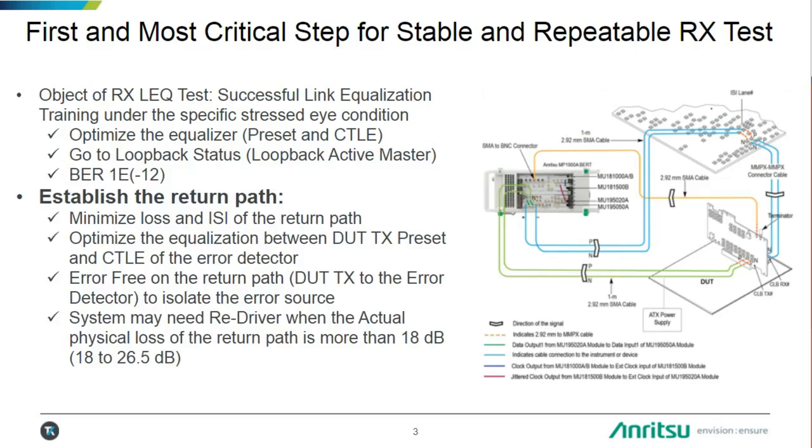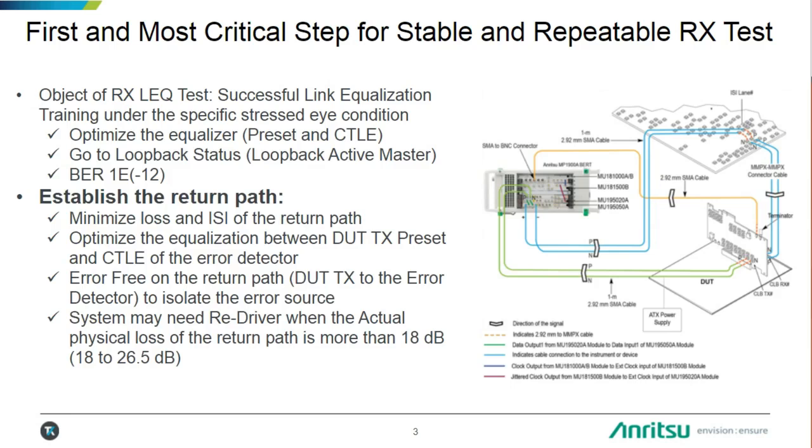I ran some tests, and up to 18 dB physical loss from your DUT TX to the error detector, no redriver is required. But in the worst case, the spec is 26.5 dB loss on the return path. So from 18 to 26.5 dB, you need a redriver to make a host compliance test.